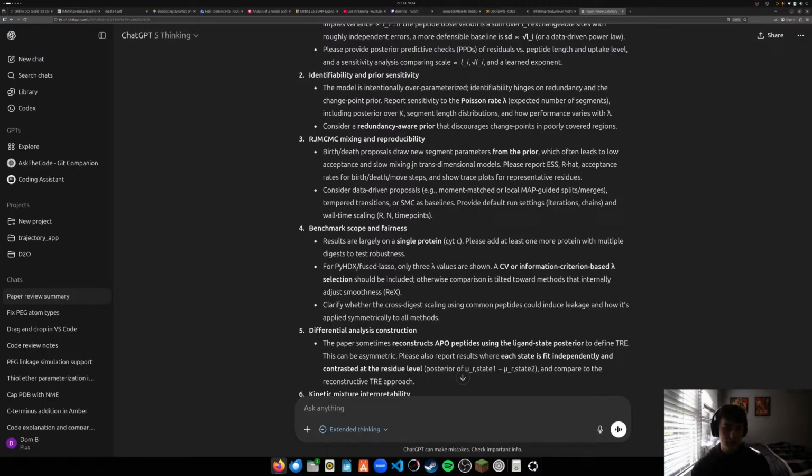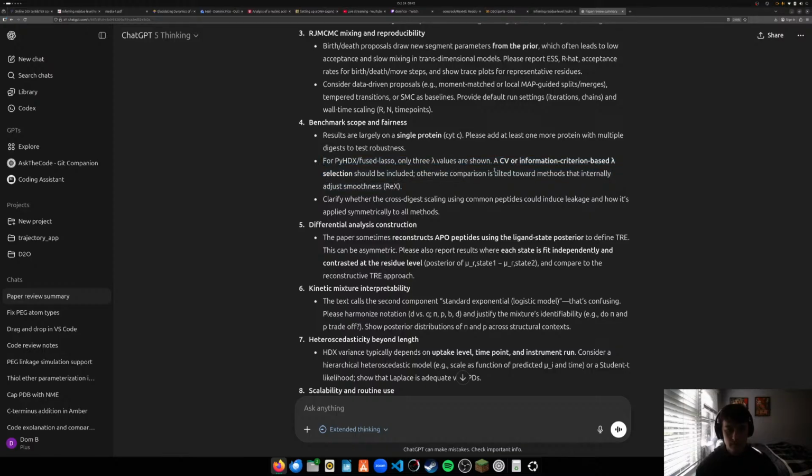Yeah, it's talking about reporting all this other stuff. I would agree that they need more benchmarks maybe, but you could always say you need more benchmarks, frankly. And there's not a lot of data out there. Differential analysis papers sometimes reconstruct APO using ligand to define the reference. This could be asymmetric.